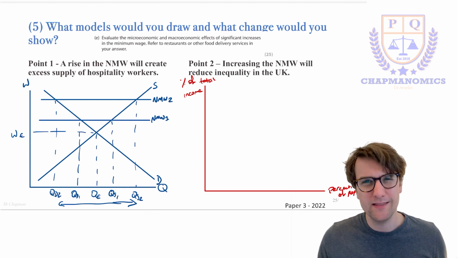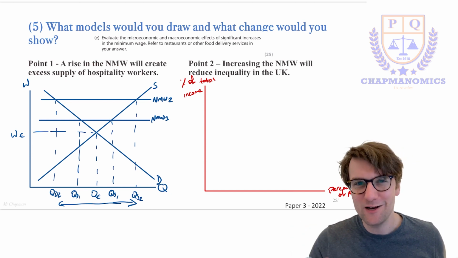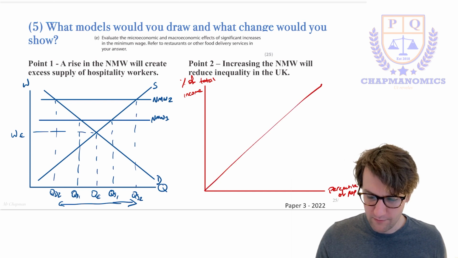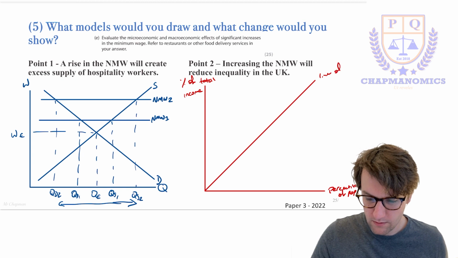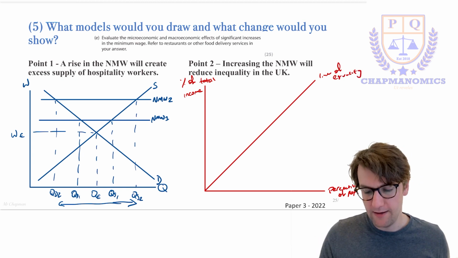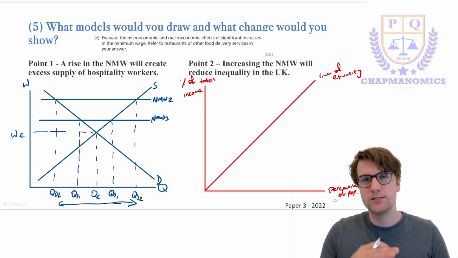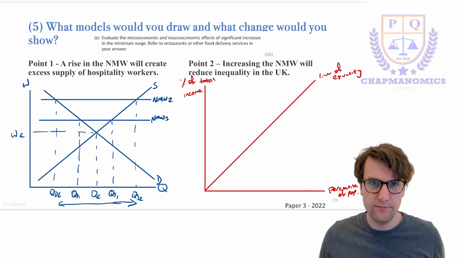Now, let me think about this model. It's a tough one, I think, for students to remember because you don't touch on it that much. But remember, we have our line of perfect equality. And that's what would happen if the income of the country was equally distributed among percentiles.